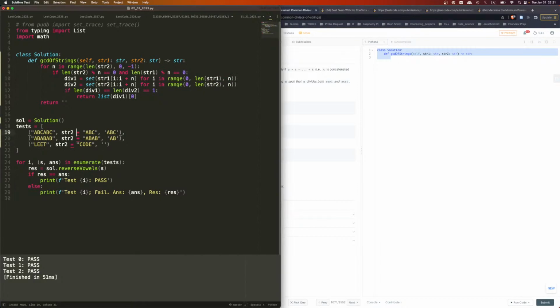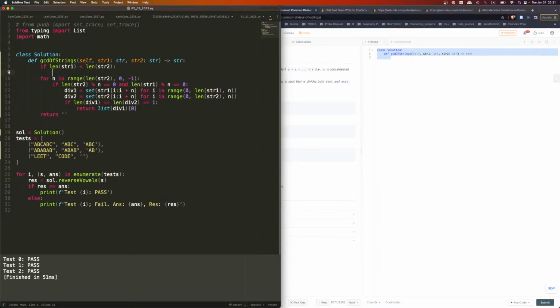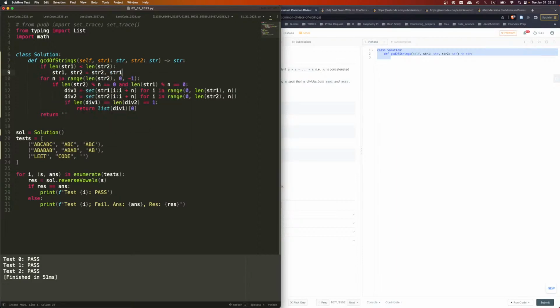I mean, we might as well make str2 smaller. We can just say if len str1 is smaller than len str2, then str1 str2 equals str2 str1. So this ensures str2 is shorter.